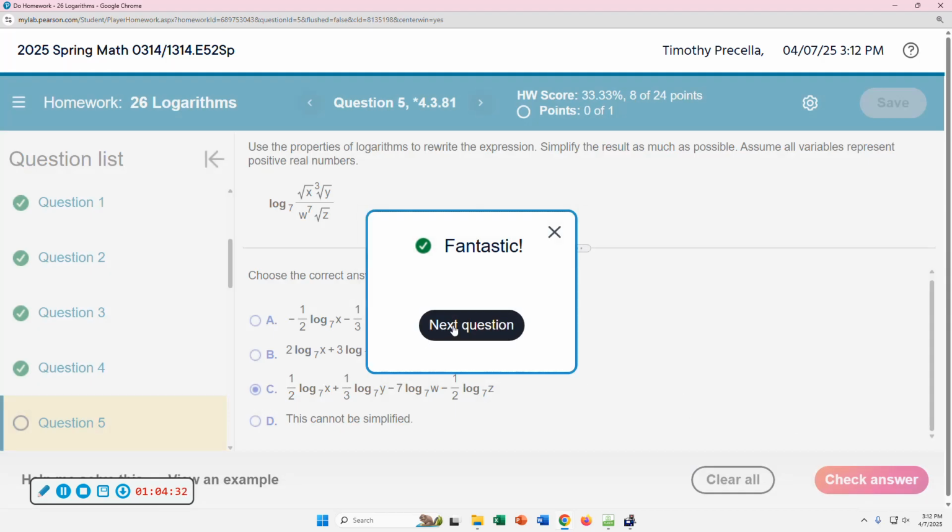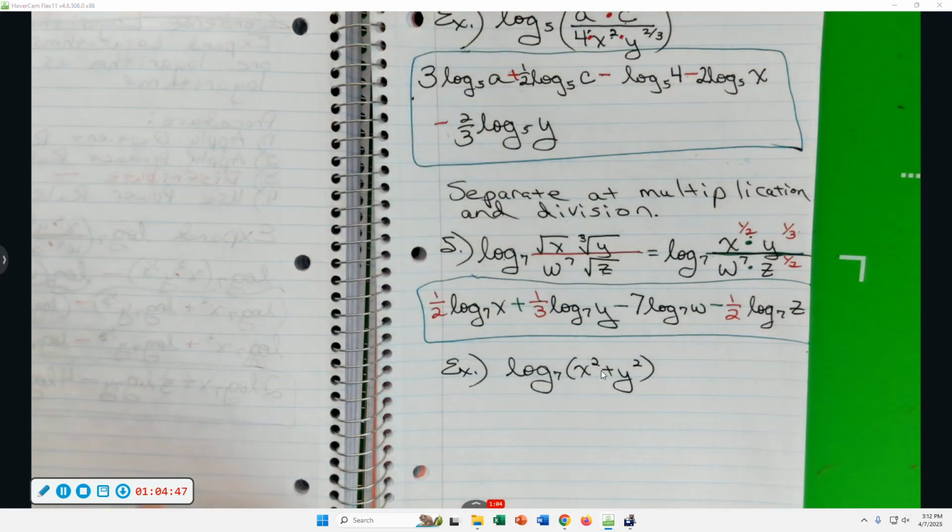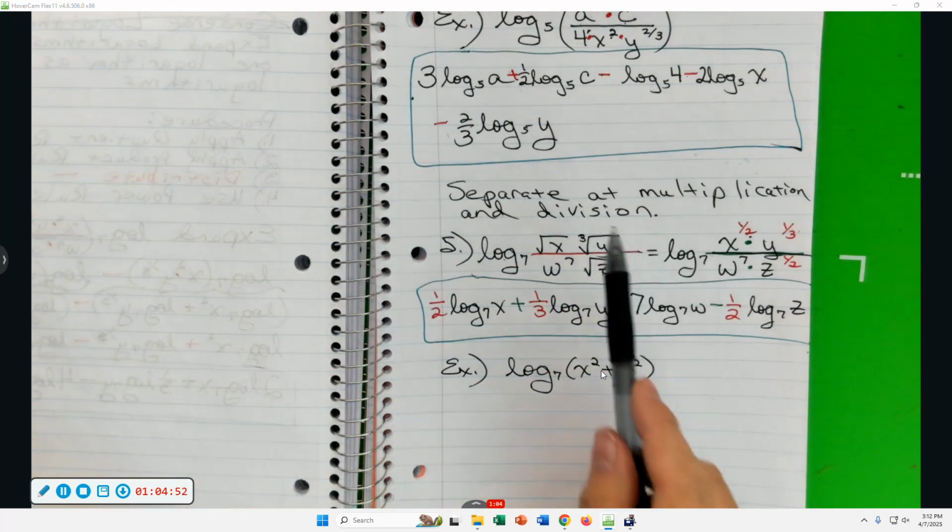Could you do log base 7 of x squared plus y squared? In these multiple choice ones, the answer that says cannot be simplified, let's show you one that can't be simplified. Remember, logarithms are separated at multiplication and division.